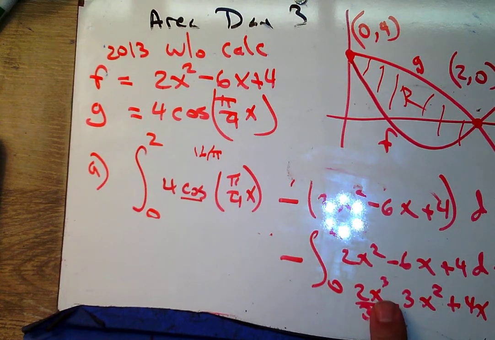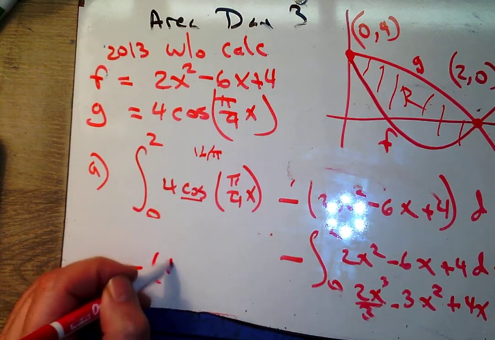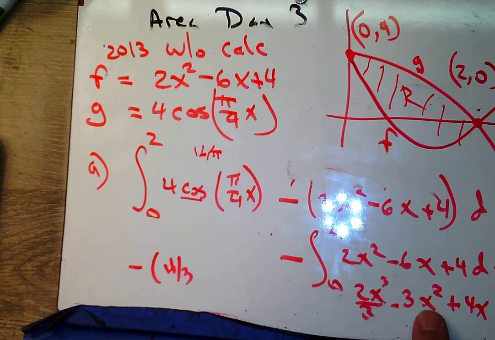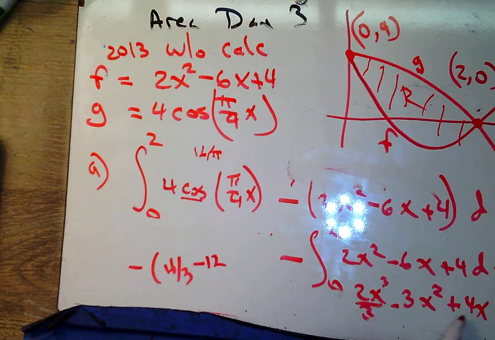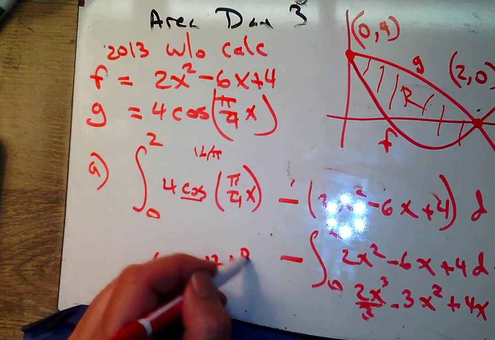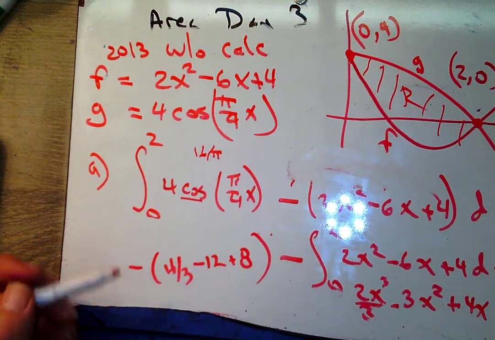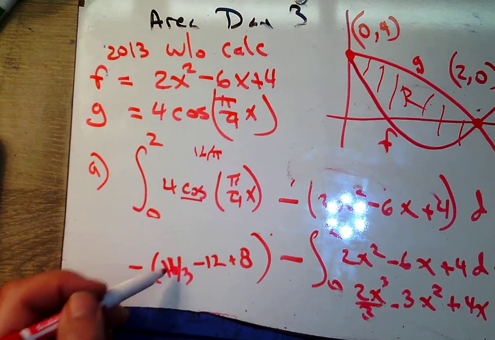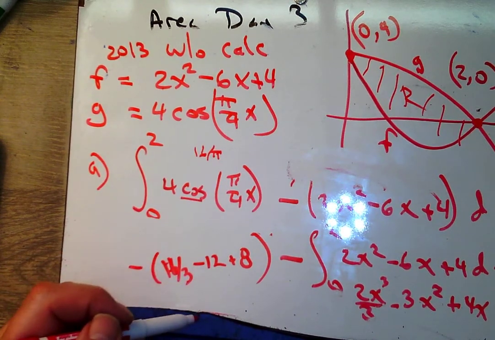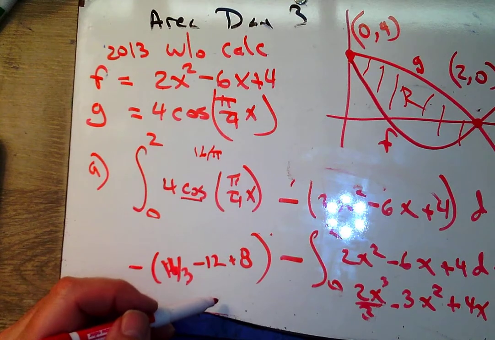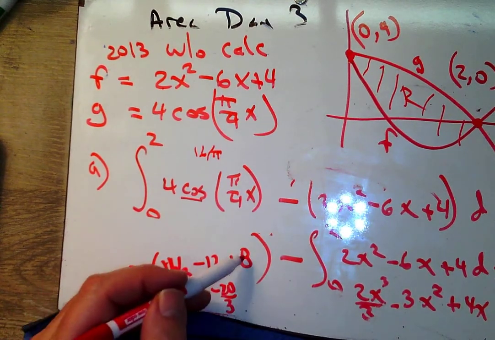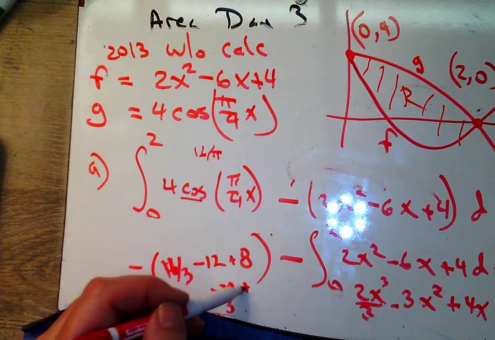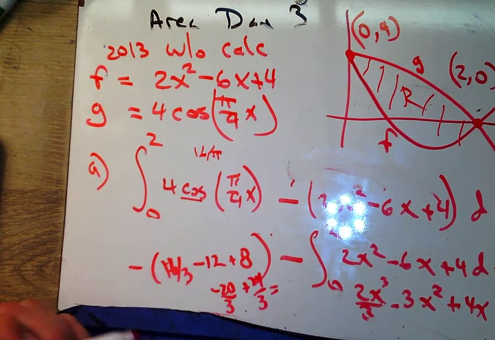If I plug in a 2, I have 8 times 2 is 16, 16 thirds. 2 squared is 4, 4 times 3 is 12, and plus 4 times 2 is 8. All right. So 16 thirds minus 36 thirds is negative 20 thirds plus 24 thirds is going to be 4 thirds.